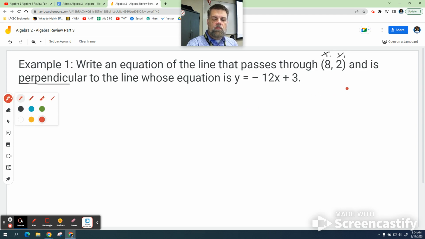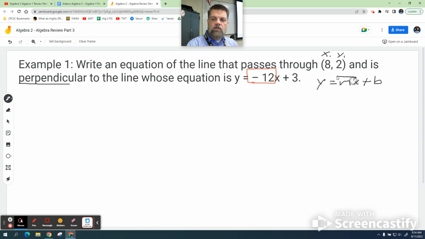So remember that this negative 12, so whatever I write down, you write down. Remember that this is written in slope-intercept form, so it's y equals mx plus b, where m is the coefficient of x.